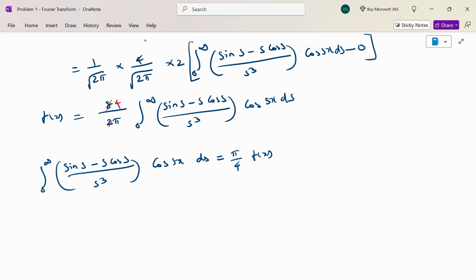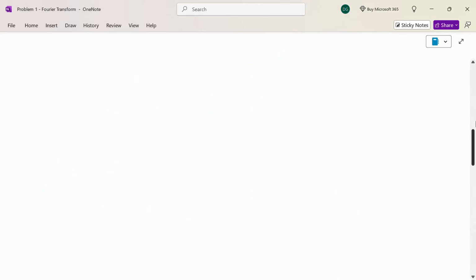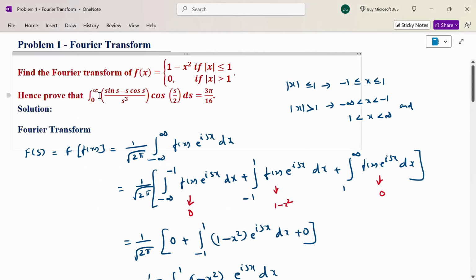We have the integral from 0 to infinity of sin s minus s cos s by s cube into cos sx, but here what should we prove? Cos s by 2. So we have sx, and then the right hand side is pi by 4.